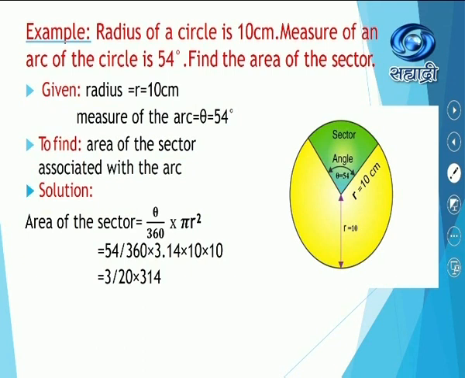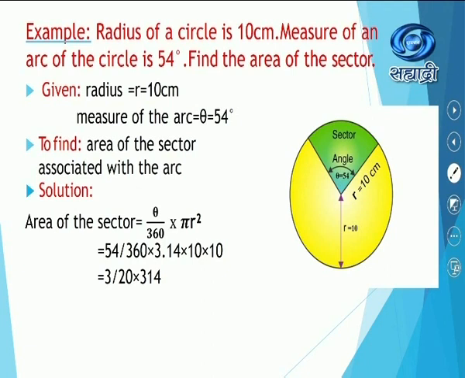Solution. Area of the sector is equal to theta upon 360 into pi r squared. So theta is 54 upon 360 into 3.14 into r squared, that is 10 into 10. So 3.14 into 100, you will be having 314, and 54 and 360 are divisible by 18.